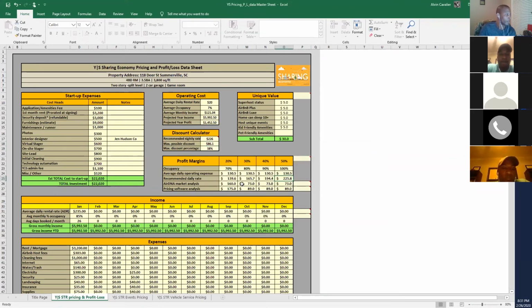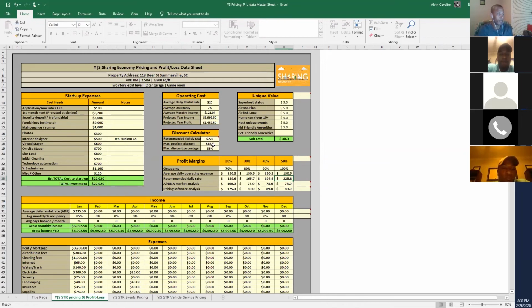I've got to unlock that cell. Okay, so real quick, what this does for you, we simply will put the recommended daily rate here, and this portion of the tool is designed to not drop you below a 20% profit margin when offering a discount.